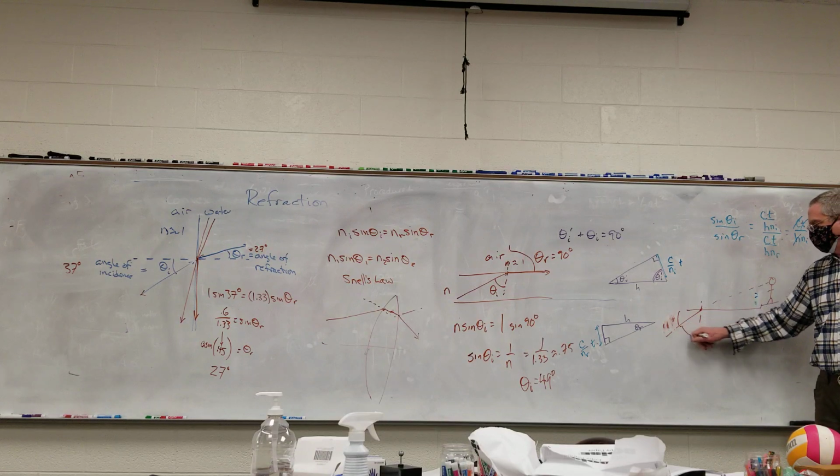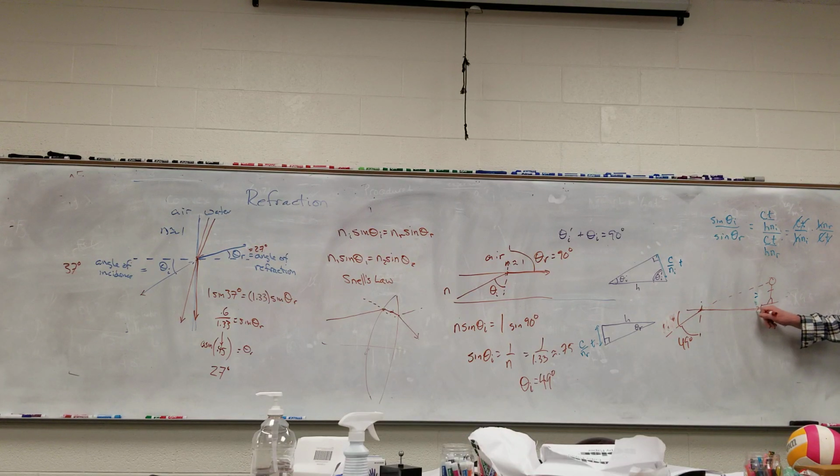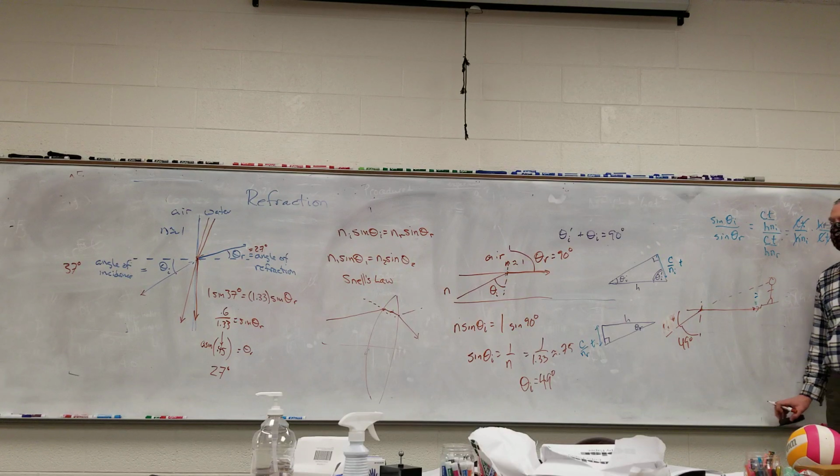Wrong way, this way. Anything that comes in with an angle of 49 degrees is going to hit and just shoot right along the surface of the water, and I'm not going to see it no matter how far down I get. I'd have to put my eye right here to catch the stuff at 49 degrees, which presumably will sting.